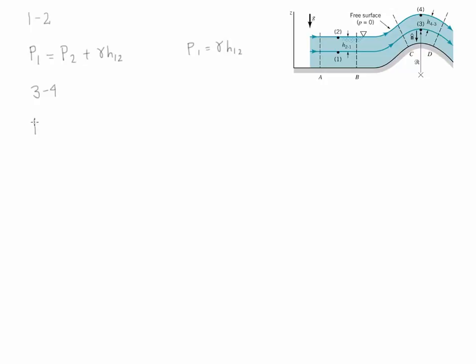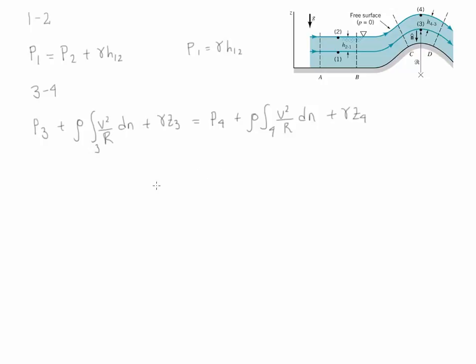We could simply write it as P3 plus rho, the integral from point 3 of V squared over R dn, plus gamma z3. And that is equal to the same quantities at point 4. So we could simply say P4 plus density, the integral at point 4 of V squared over R dn, plus gamma z4.